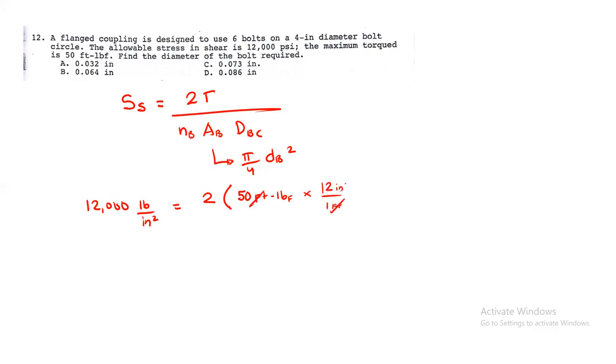So makacancel sa foot. Then divided by number of bolts, 6 times area, so times pi over 4, then diameter ng bolt. Ilan yung diameter ng bolt natin? So 4 inches. Ay, hindi.